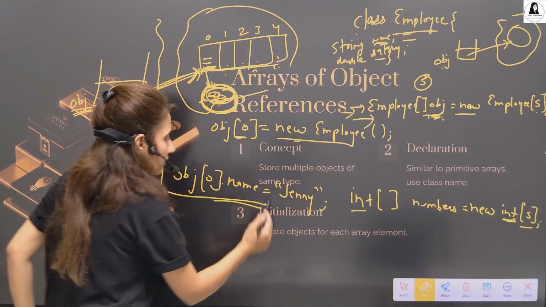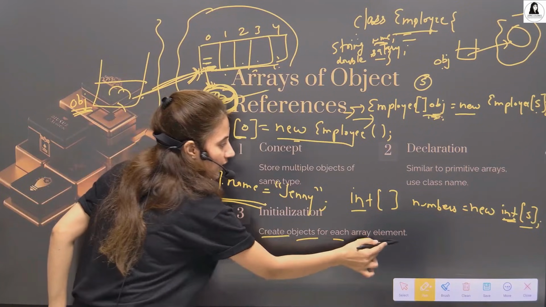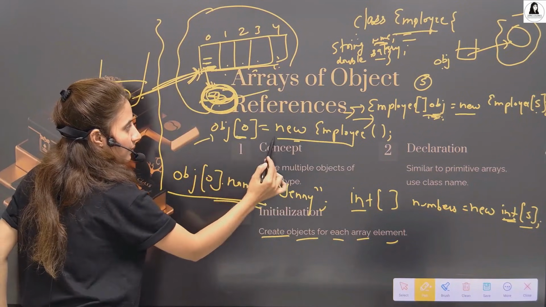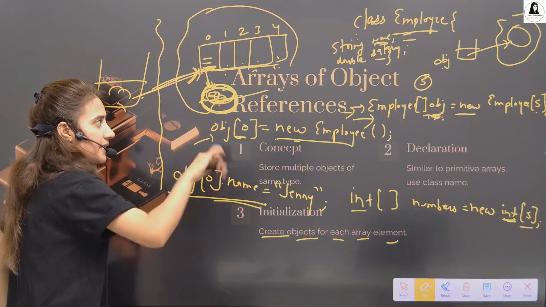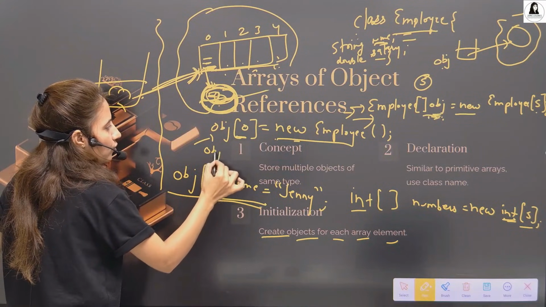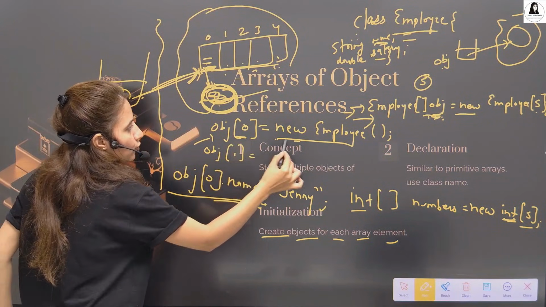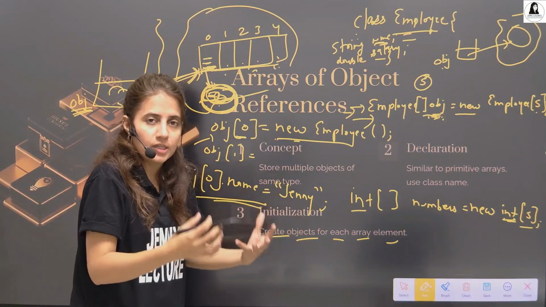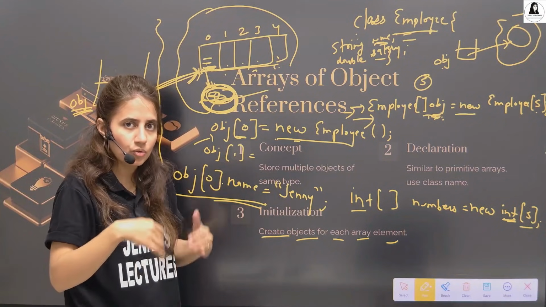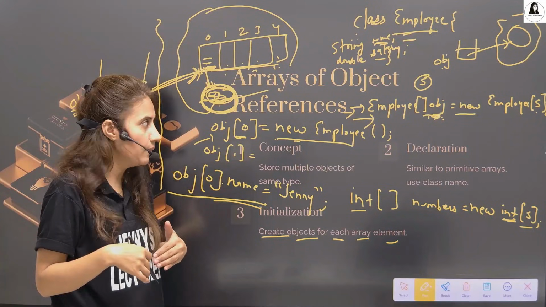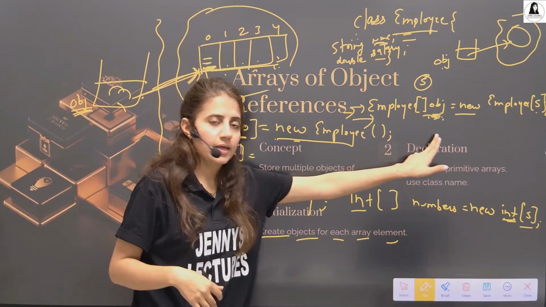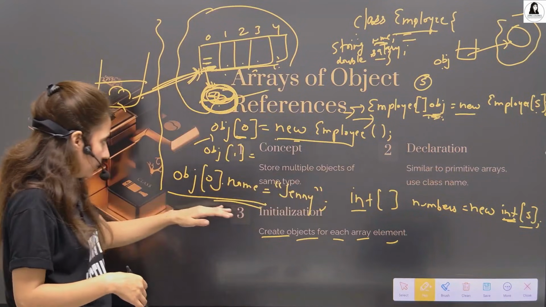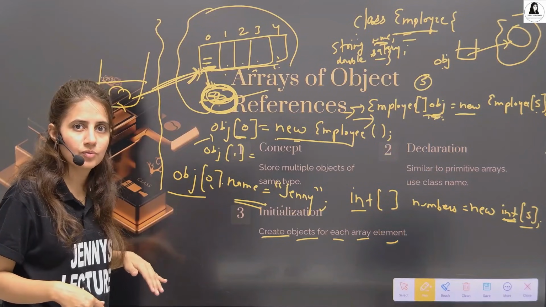For the first element I am creating the object. Same for the second, you will write obj1 is equal to new Employee. This is how you allocate the memory, and then to initialize, to give some data, you can simply use the array initializer here, or write something like this.